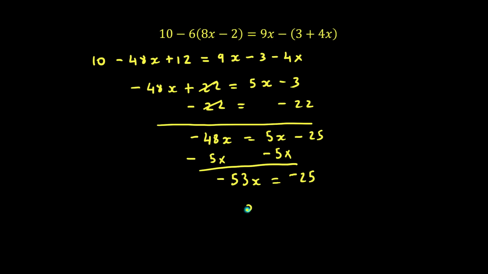So then x would equal, we need to divide both sides by the coefficient in front of the x. Here you need to be careful: negative divided by negative cancels and gives me a positive answer. So x is equal to positive 25 over 53. We can't simplify this any further as 53 is a prime number.